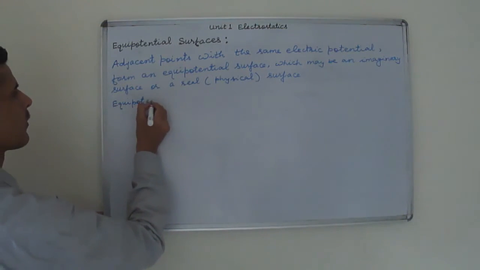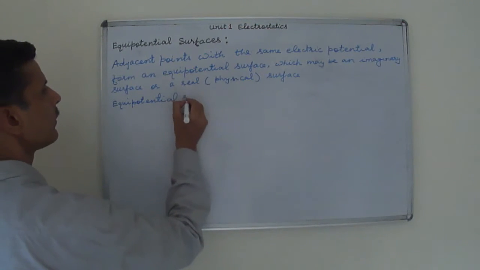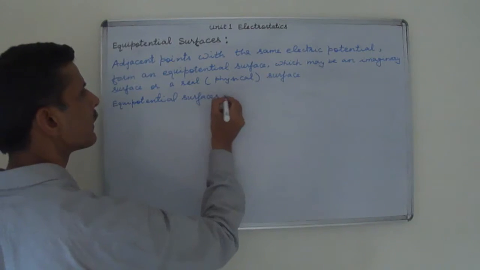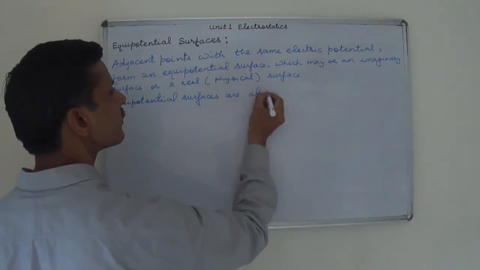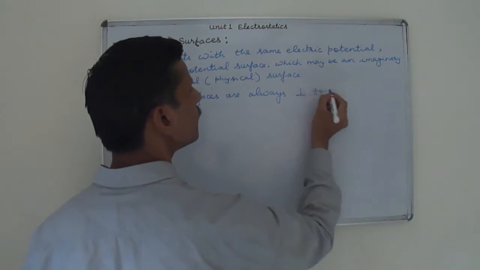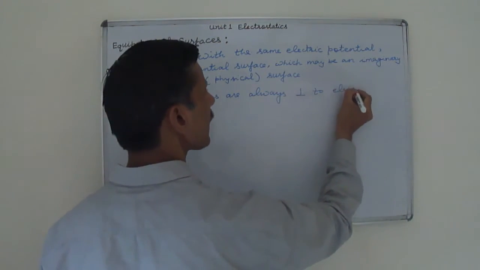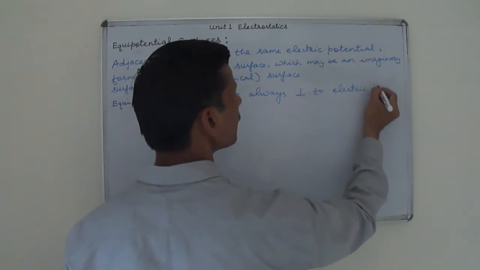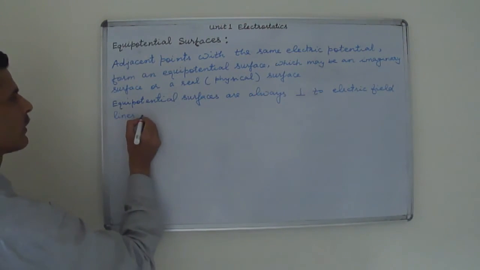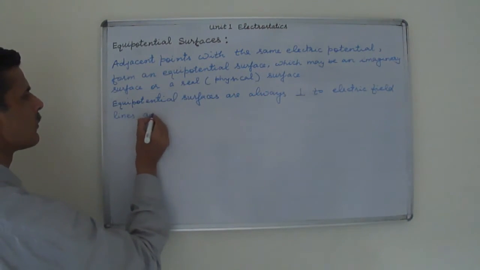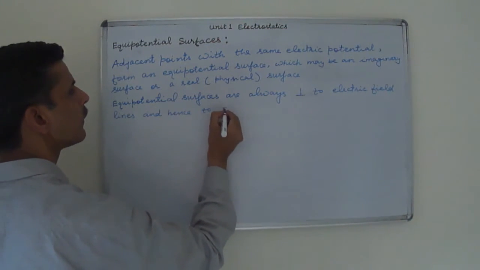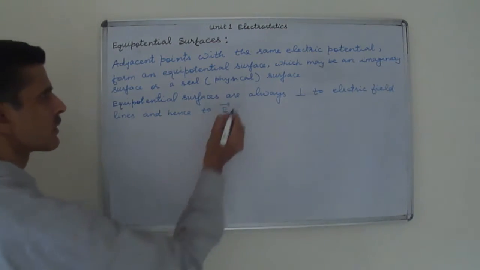Equipotential surfaces are always perpendicular to electric field lines, and hence to E vectors.